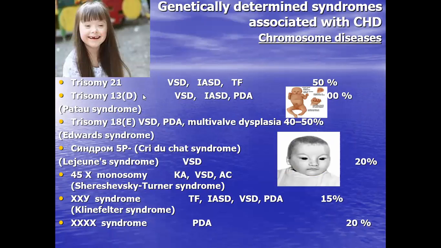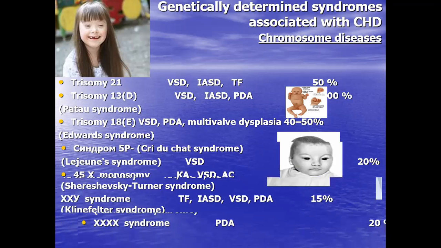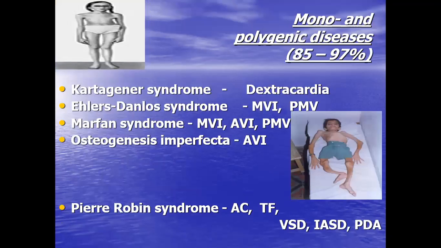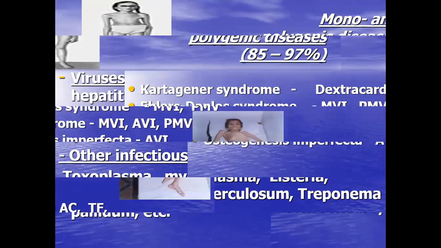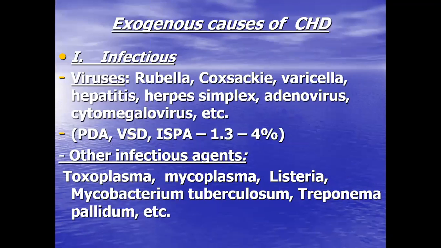You can see on the picture chromosome diseases. This is trisomy 21, Down disease, Patau syndrome, Shereshevsky-Turner syndrome, Edwards syndrome, and others. And congenital heart defects are also included in monogenic and polygenic diseases. Exogenous causes of congenital heart defect, we can subdivide into three big groups.